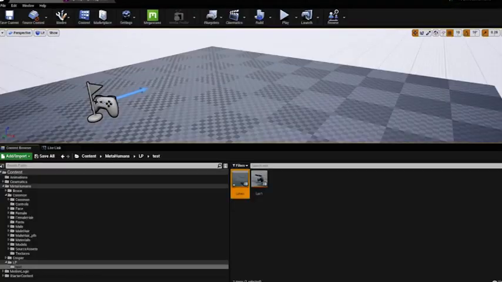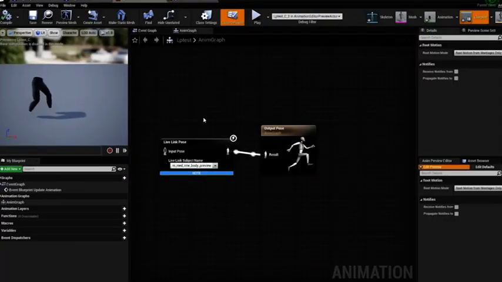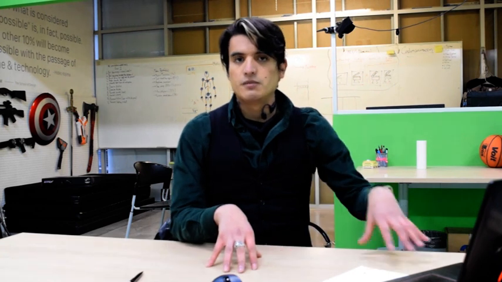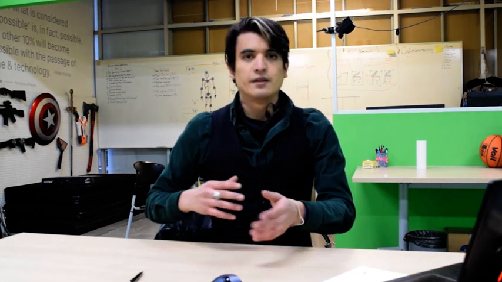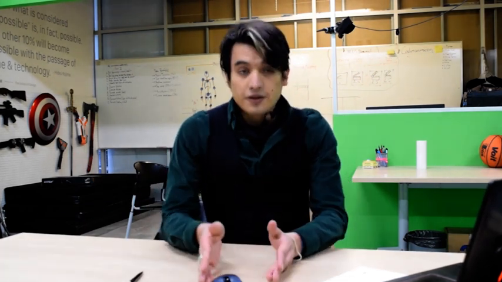Now, once within Unreal Engine, what you're going to create is what we call an animation blueprint. And you're going to make sure that the animation blueprint is using the skeleton of the Metahuman. Once you have made sure within the animation blueprint that all the information from Motion Builder and Motive is passing with no problem to Unreal Engine, you will go to your blueprint character.